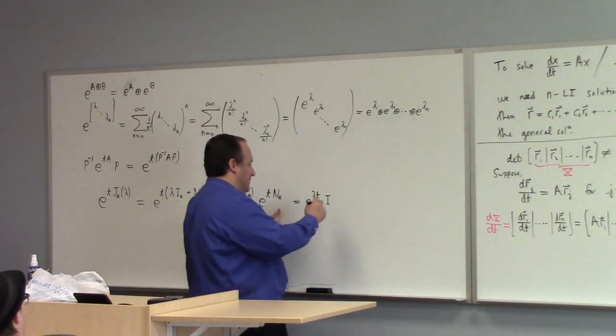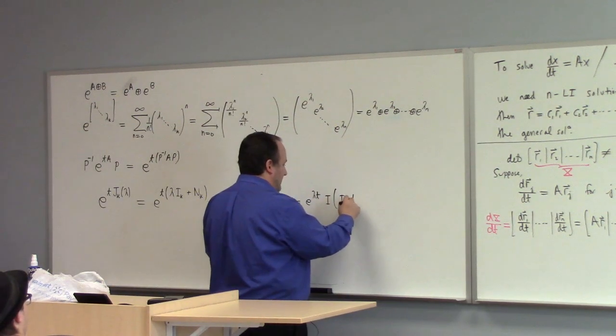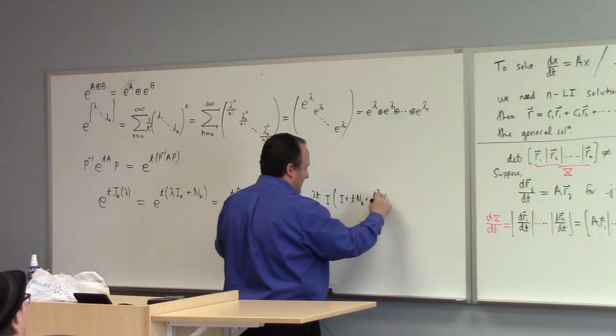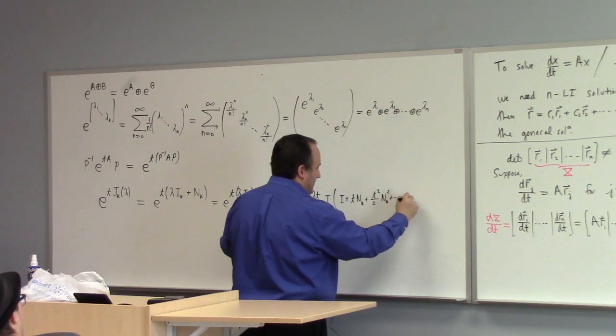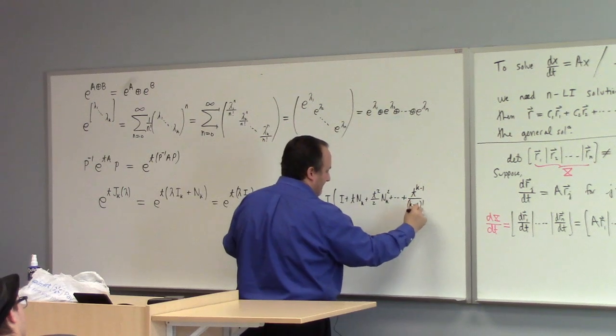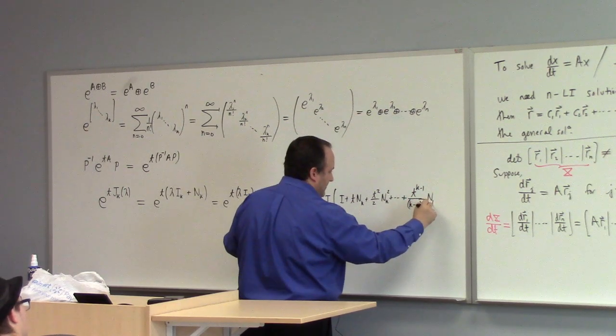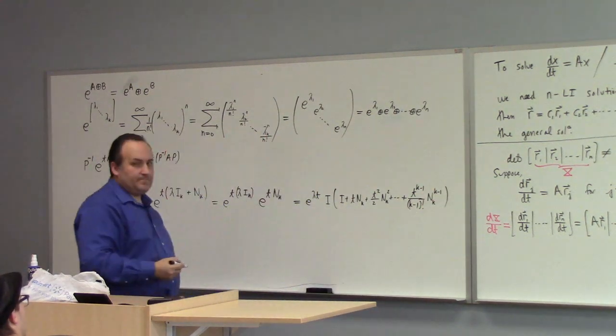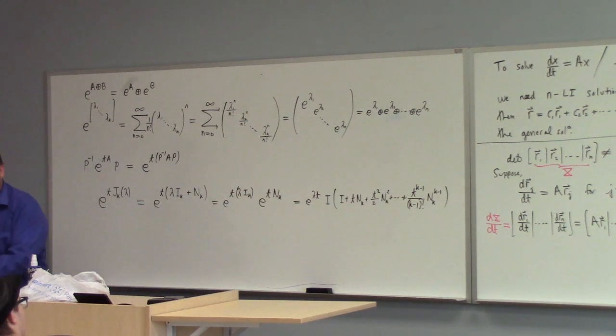Well, let's write it out. It's the identity plus t times N_k plus t squared over 2 times N_k squared plus dot dot dot plus t to the k minus 1 over k minus 1 factorial times N_k to the k minus 1. Past that, it's 0. That's a formula for the matrix exponential of the k by k Jordan block.